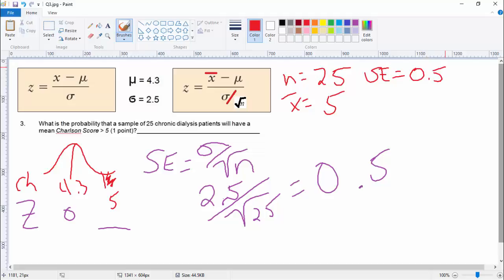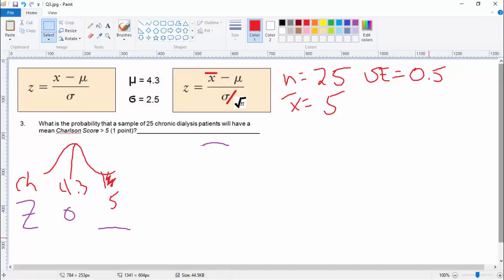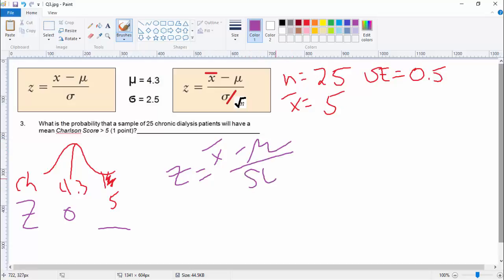Because then you have a little more real estate to move around. That really wasn't that hard, was it? No. Absolutely not. All right, so let's go back. What are we calculating? z. So let's go grab our purple again. Now I'm just going to say z equals x bar minus mu over, let's just say SE.